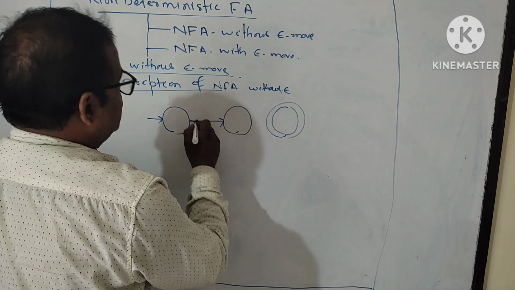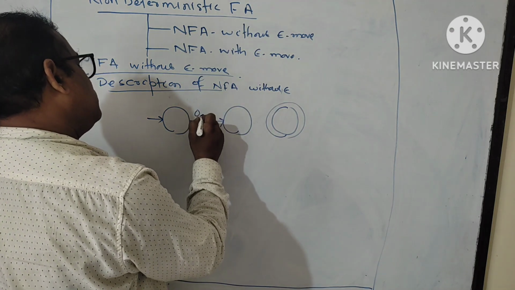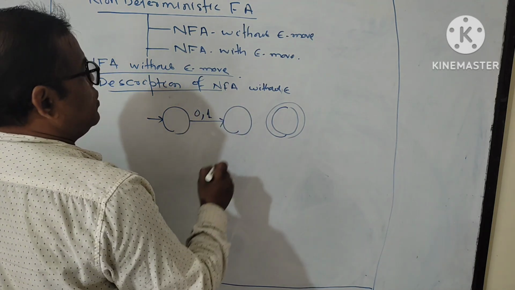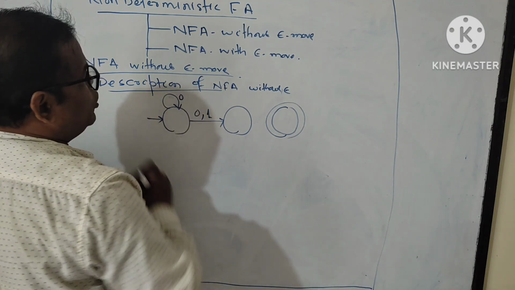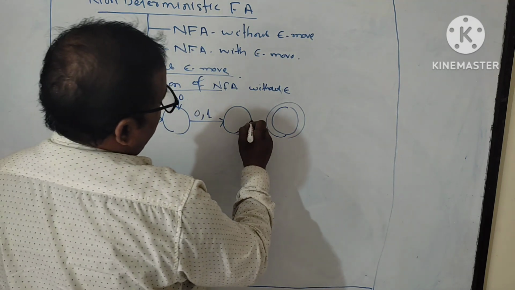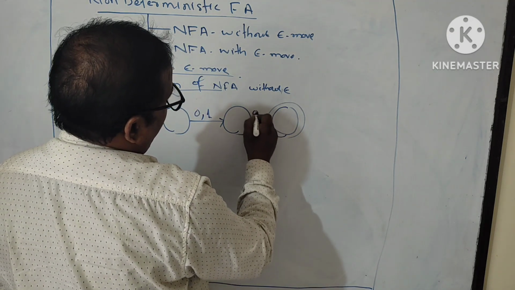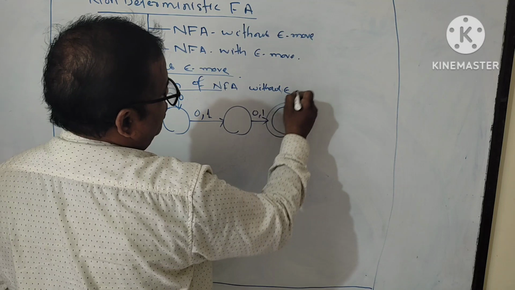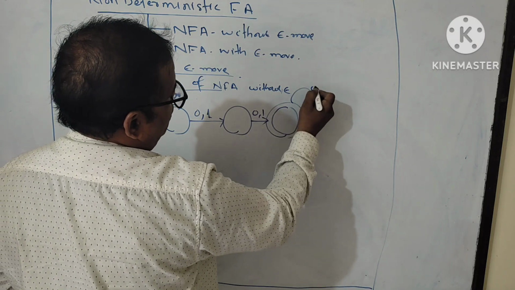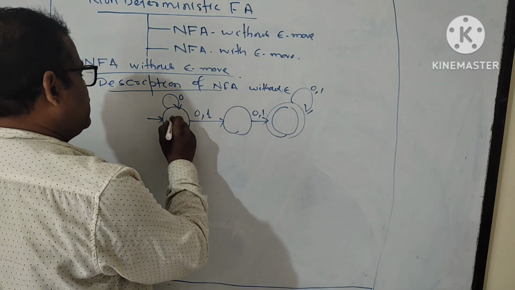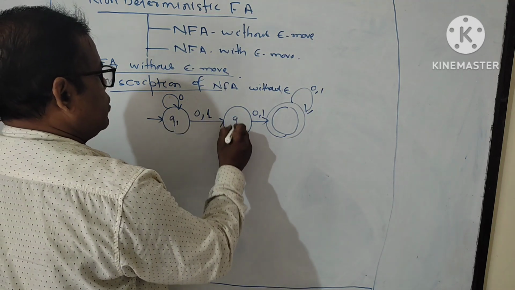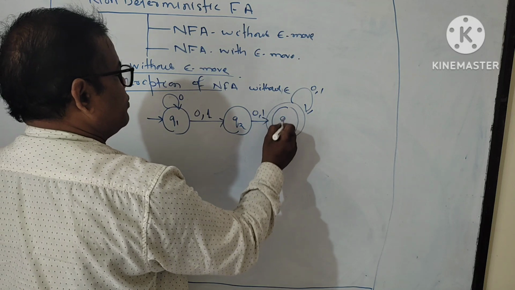I have the transition for both 0 and 1 on this side, and let me have only 0 transitions here. At this point, let me have both 0 and 1. Here also 0 and 1. Simple concept. Let me write here: this is called Q1, this is called Q2, this is called Q3.